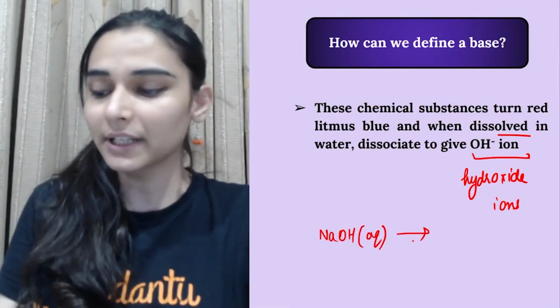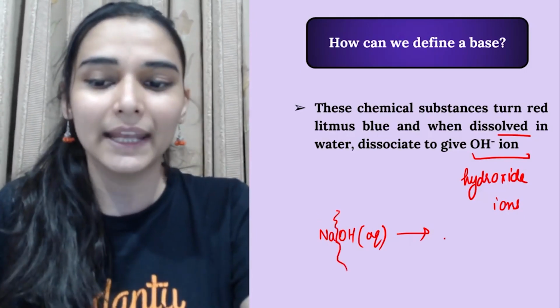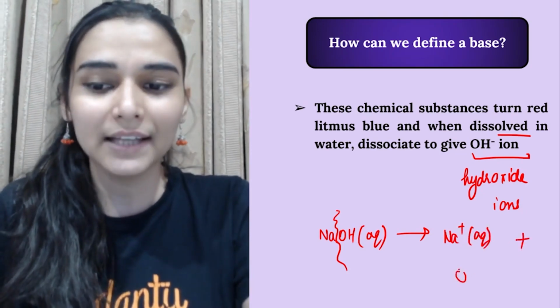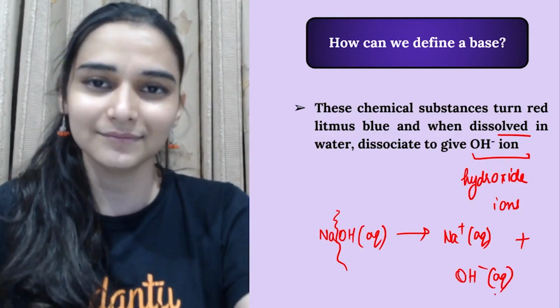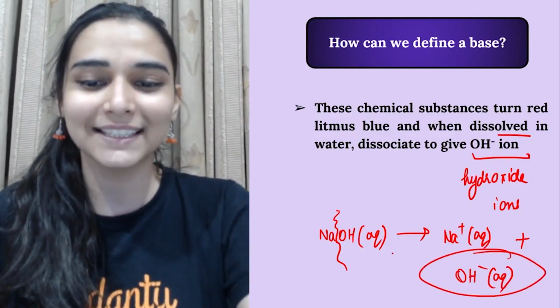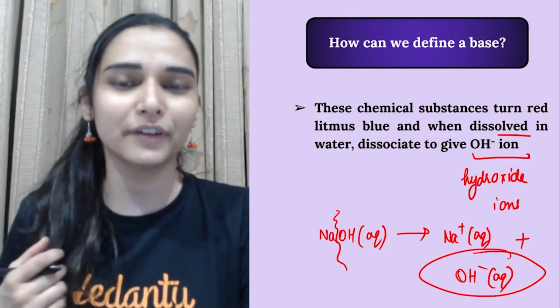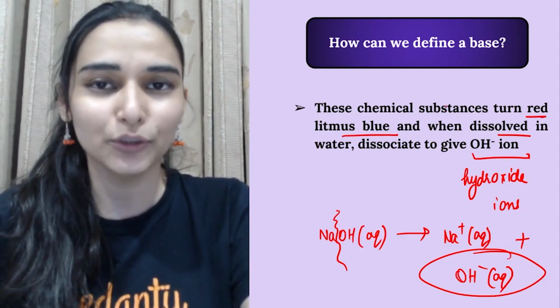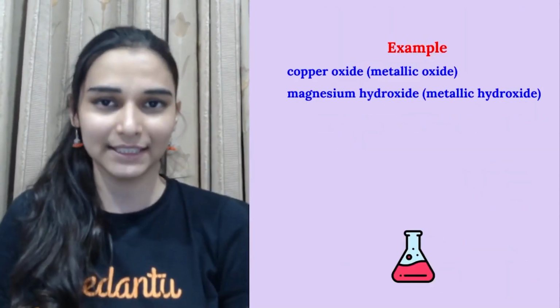In water, the sodium and oxygen bond will break down, and I would get sodium ions and hydroxyl ions in water. These species are bases. Clear? And if you talk about the litmus paper, red litmus paper will turn blue in bases.